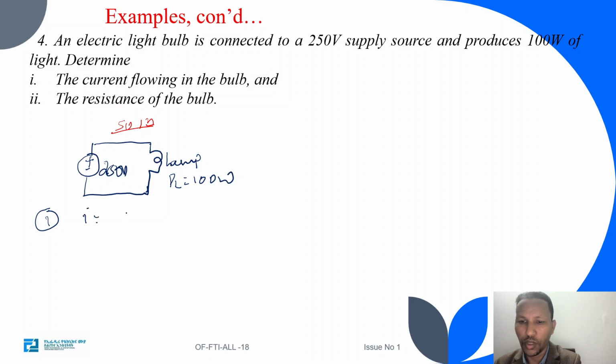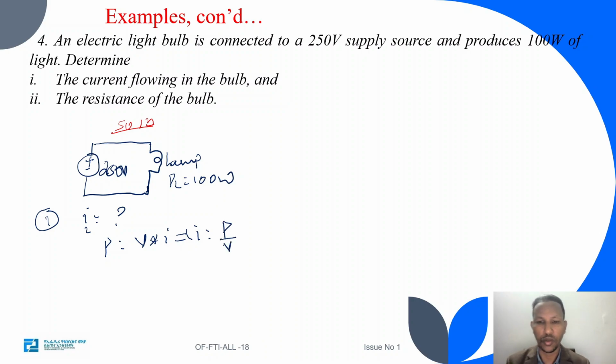So IL, which is equal to how much? We know that P is given by voltage times current. So for this case, I can be expressed by using P over V. Power divided by voltage will give the current passed through the lamp. So IL is equal to PL over the source voltage.